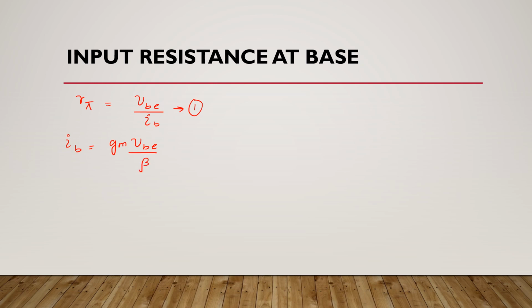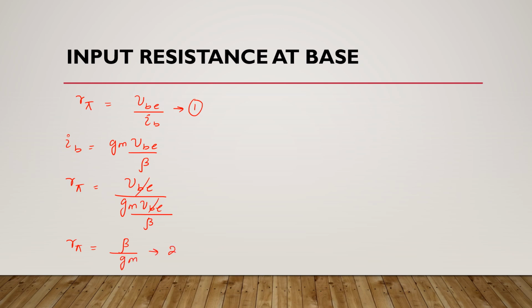If we put this value in equation number 1, we get r pi is equal to vBE divided by gm vBE divided by beta. Now this vBE cancels this vBE. It means r pi is equal to beta divided by gm.